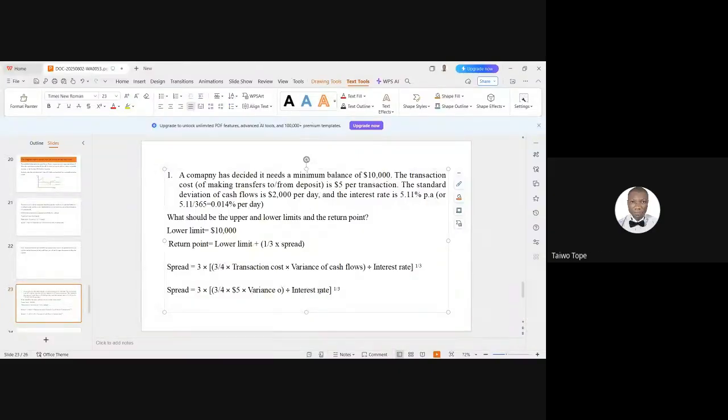What will happen? Square. In the question, you are given standard deviation, not variance, right?